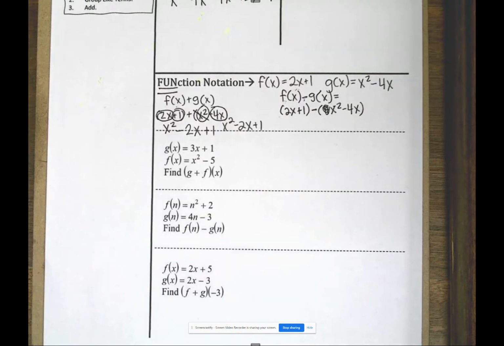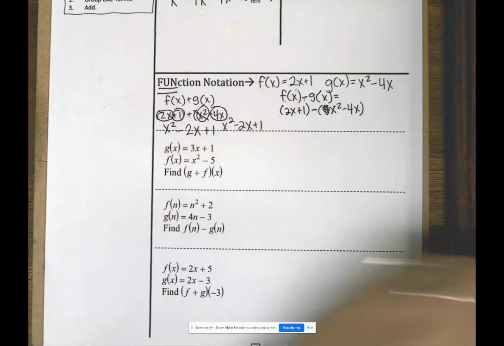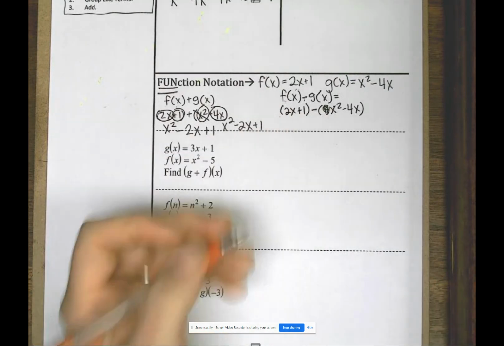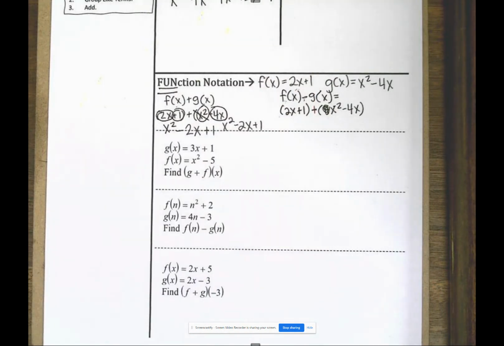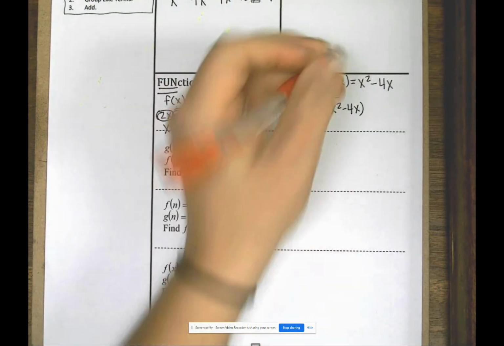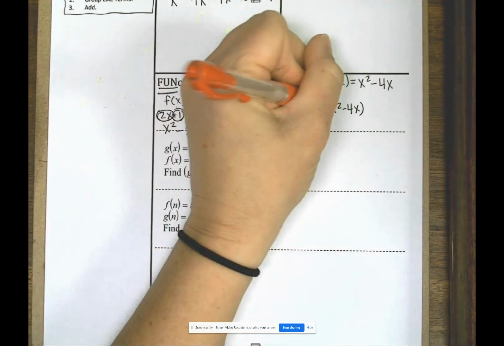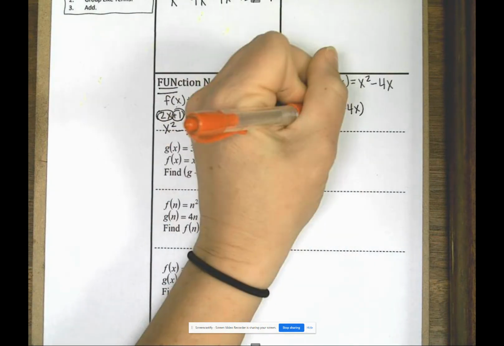Now, before I can combine like terms, I'm going to have to distribute this negative or do the opposite all the way through. So that subtraction sign is going to become a positive. Positive x squared is going to become negative x squared. I wish I could rewrite it again because I know that's hard to see. And negative 4x becomes positive 4x.